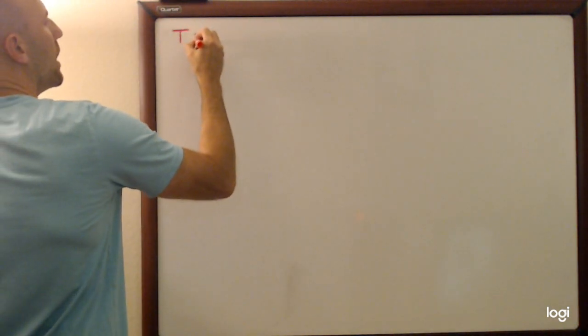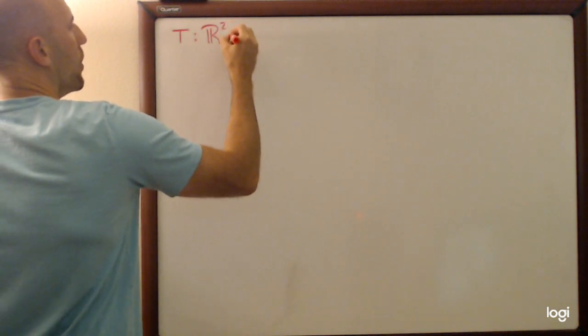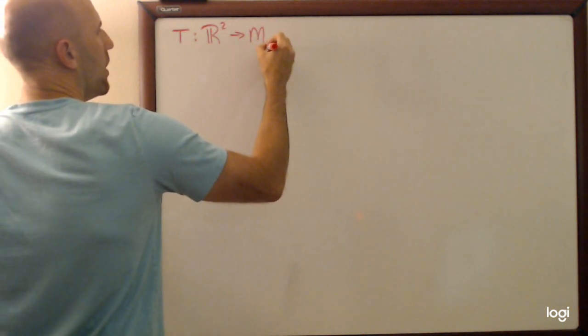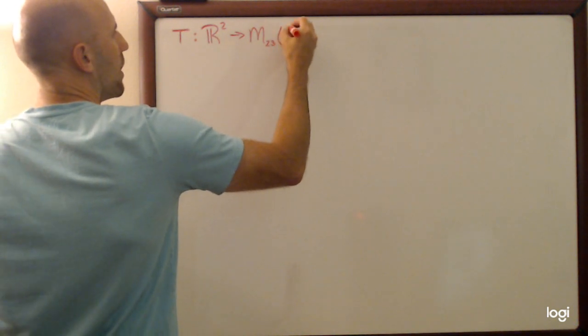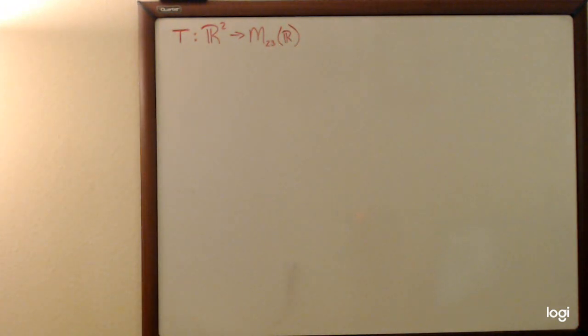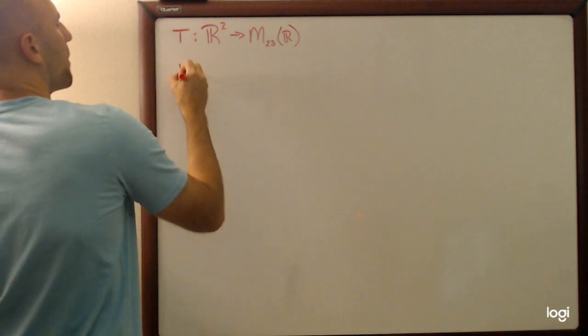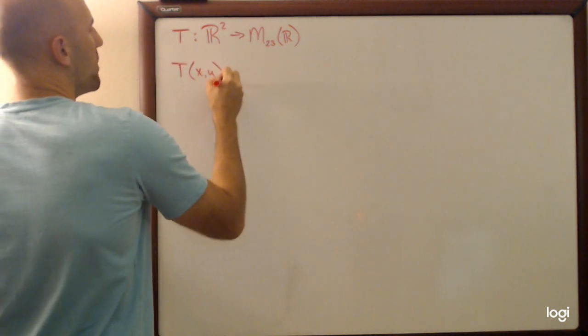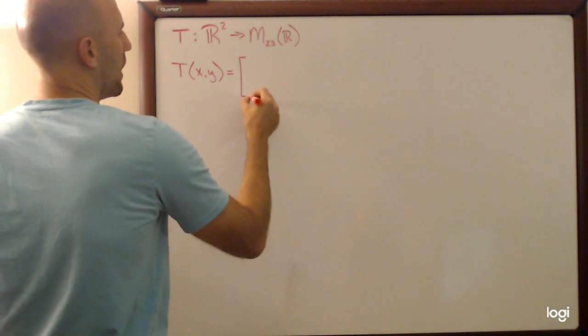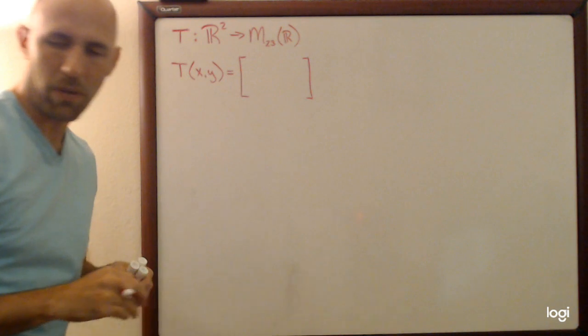But let's take a look at one. So let's see. Sorry, I want to check the ones I gave you for homework. Didn't want to do one of those. Okay, here we go. So we have, consider the linear transformation which maps, so T, it's mapping R2 to M23R. And the action is, so T of some vector xy gets mapped to the following 2 by 3 matrix.